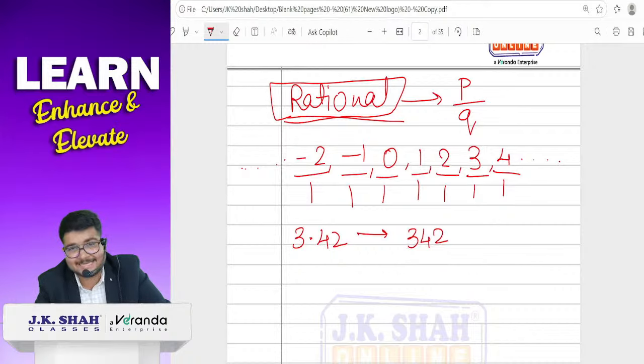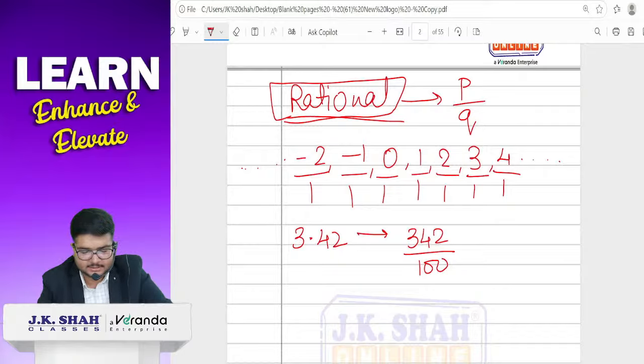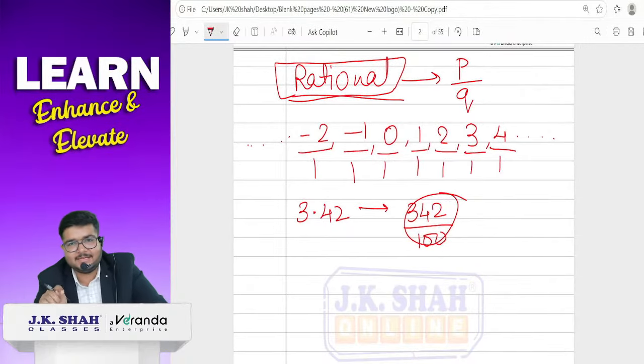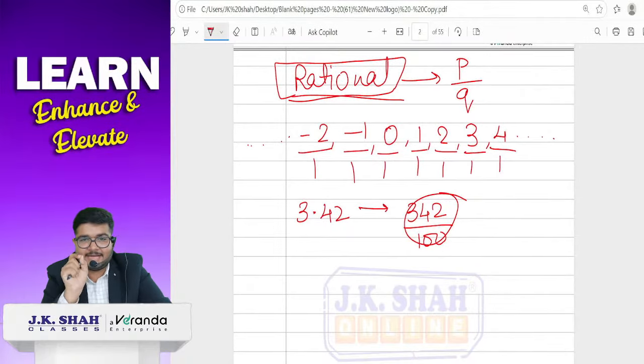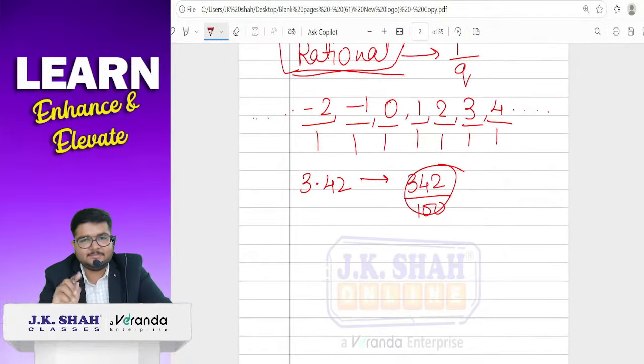Can we convert this decimal number into a fraction? Yes. 342 upon 100, right? So I can convert this into a fraction, and that is why all the numbers which are ending but in decimal are called rational numbers, because they can be represented in P upon Q form.